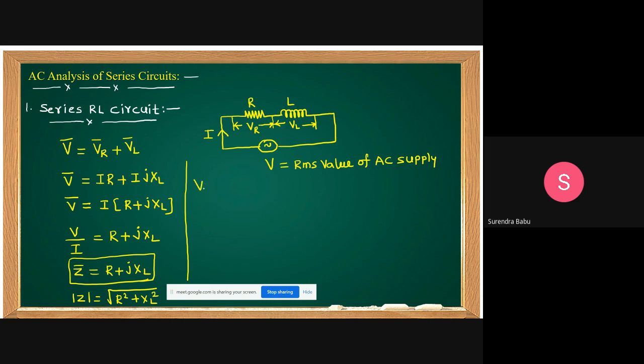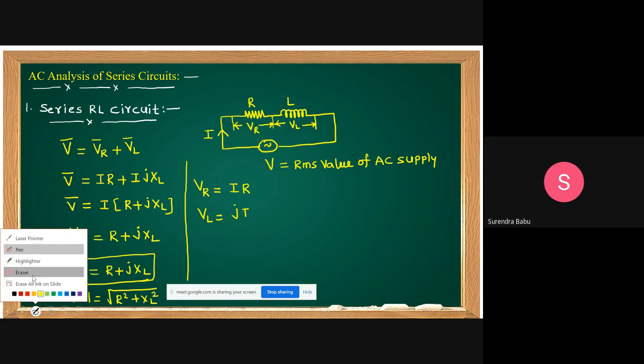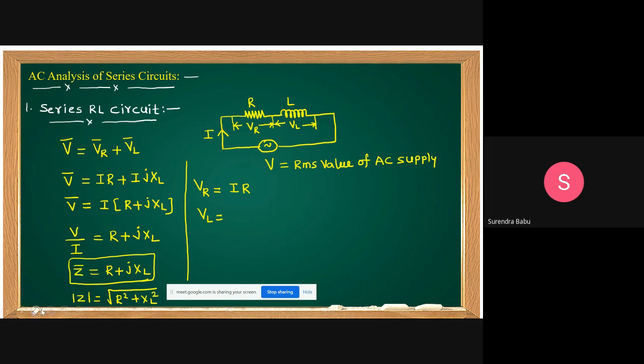VR equal to I into R. VL equal to I into jXL. You can also write this as I into XL at an angle of 90 degrees.